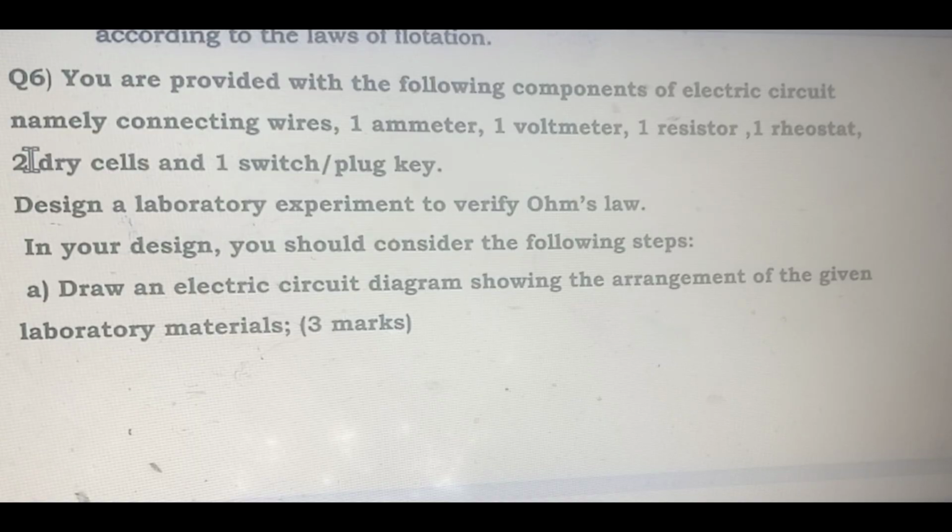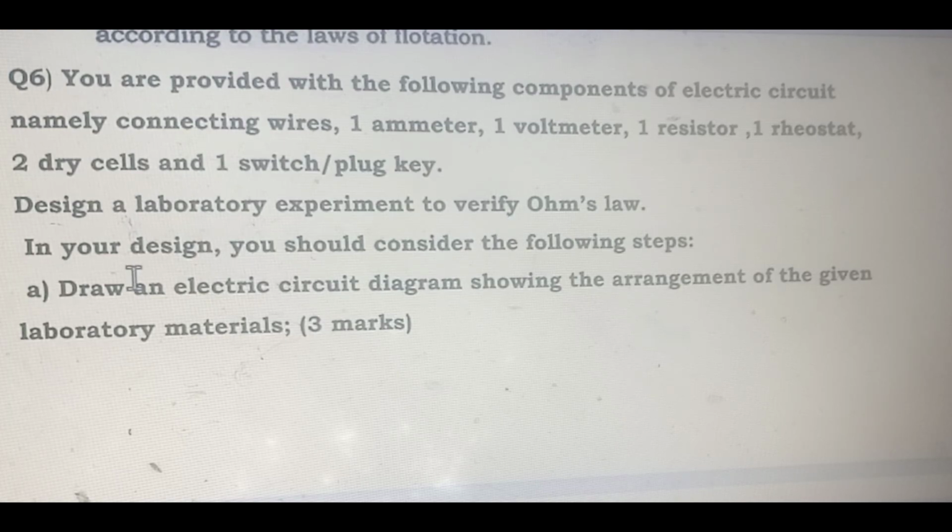For question 6, you are provided with the following components of an electric circuit, namely connecting wires, 1 ammeter, 1 voltmeter, 1 resistor, 2 dry cells, and 1 switch plug key. Design a laboratory experiment to verify Ohm's law.